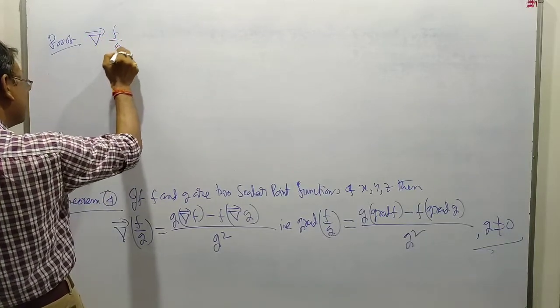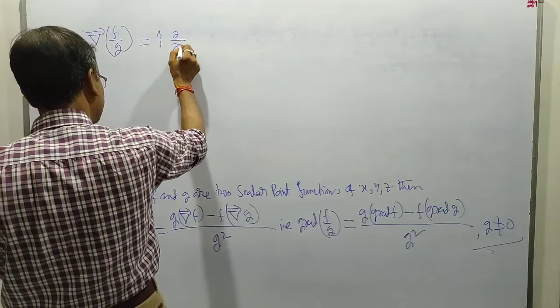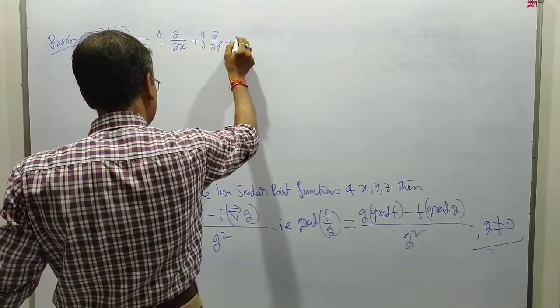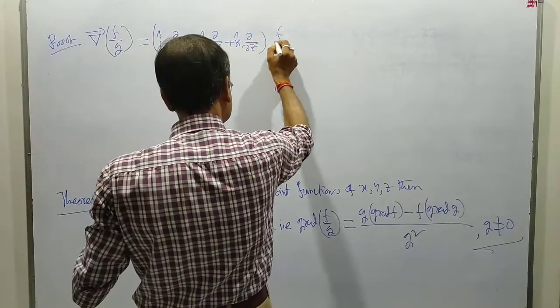Gradient of f by g equals i cap ∂/∂x plus j cap ∂/∂y plus k cap ∂/∂z of f by g.